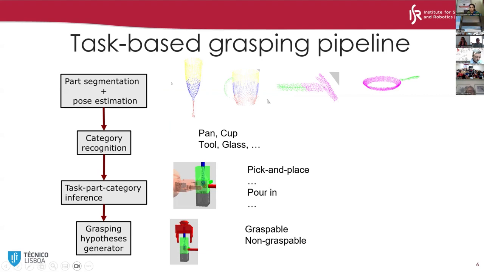Here the parts are top, middle, bottom, and the handle. Afterwards, after having the parts and the geometry, there is a part that generates the grasping hypothesis according to these constraints, the task, the part of the object, and the geometry. Mostly what we did here at the Institute of Systems and Robotics was to generate the grasping hypothesis based on the shape.